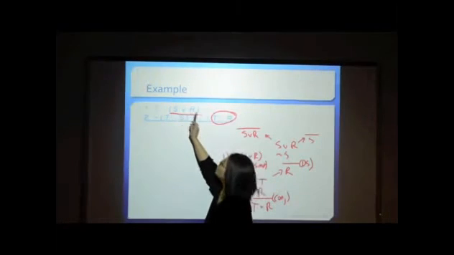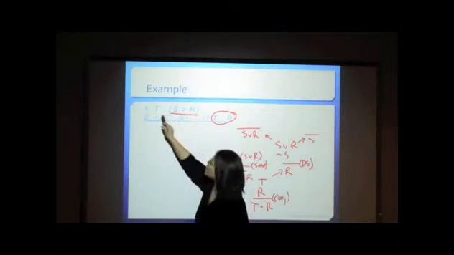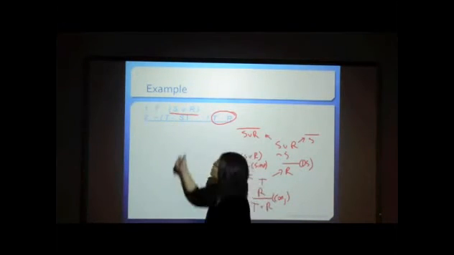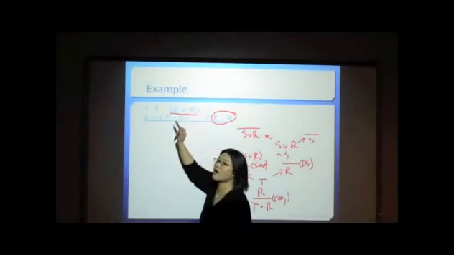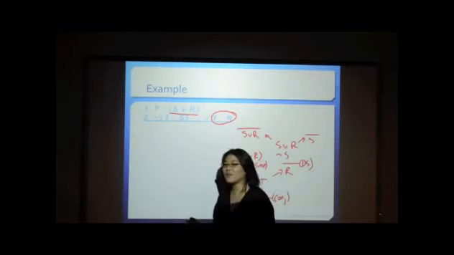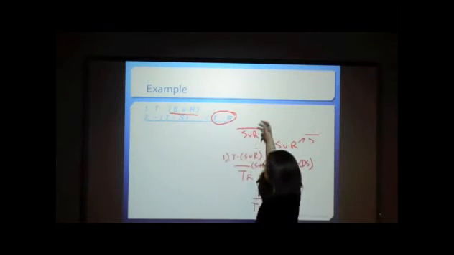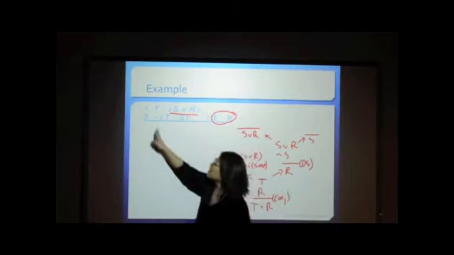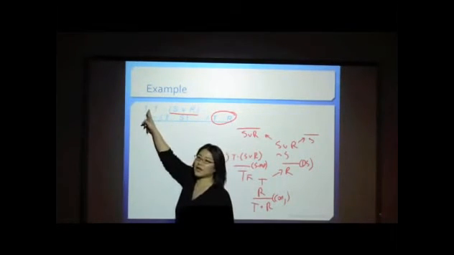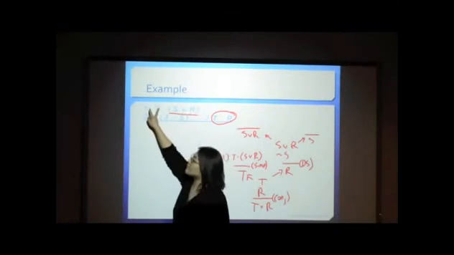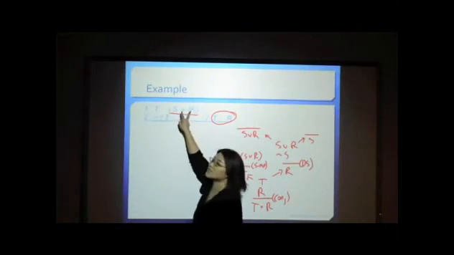Because S wedge R is part of the conjunction here, it's actually very easy for me to conclude S wedge R using simplification. However, when you use simplification, simplification allows you to conclude the first conjunct. So if that's the case, I need S wedge R to be in this position rather than this position.